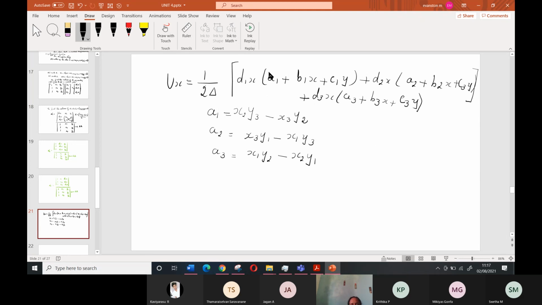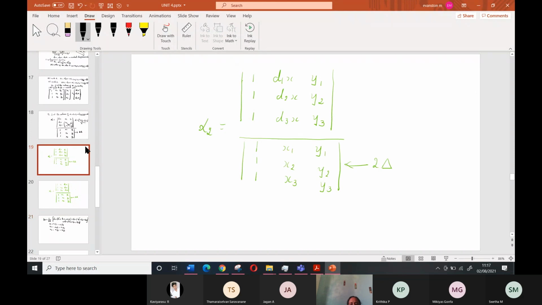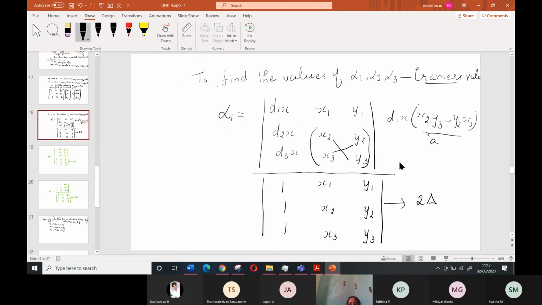Just now I explained how I arrived at this A1. Now I will move on to how I arrived at the value of A2, and I'll tell you A3. So how did I find out the value of A1, A2 and A3? That is from this equation.